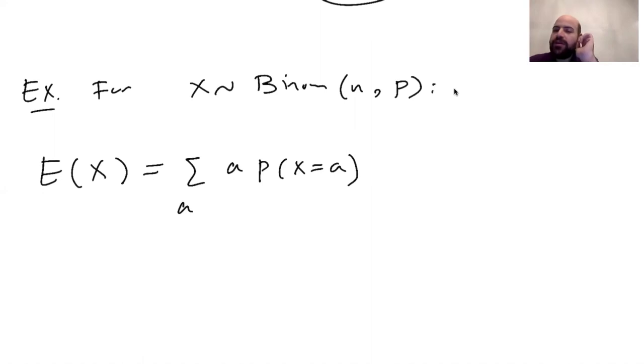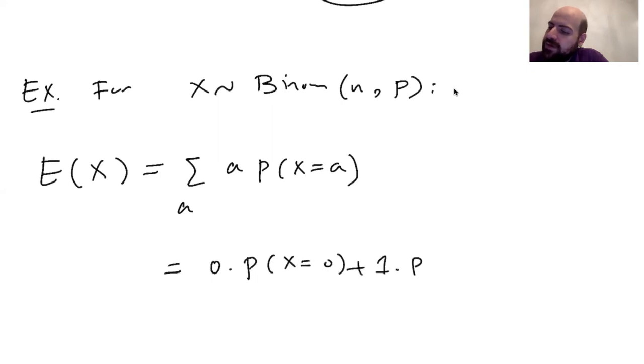We gave the formula for P of X equals K for K greater than or equal to 0 and less than or equal to N. For everything else, P of X equals K would be 0, of course. So the possible outputs of X are 0, 1, 2, all the way to N. So this is going to be 0 times P of X equals 0 plus 1 times P of X equals 1, all the way to N times P of X equals N.